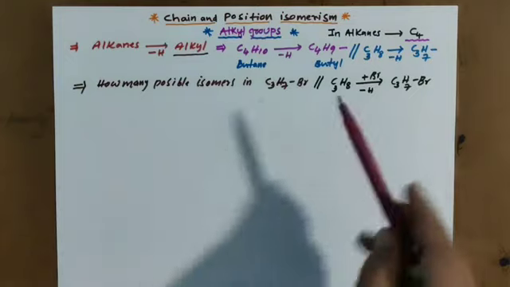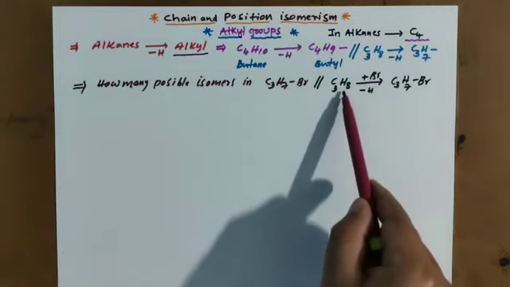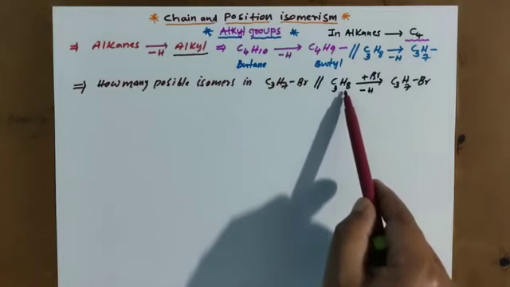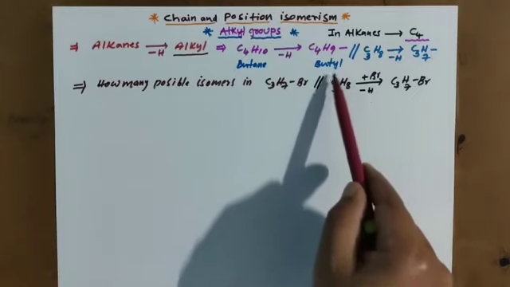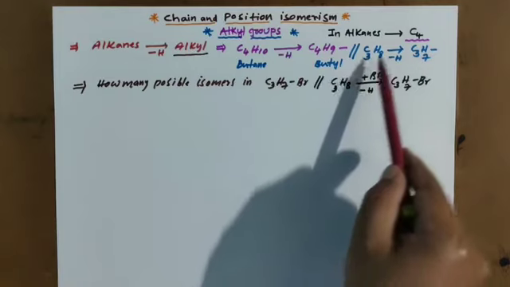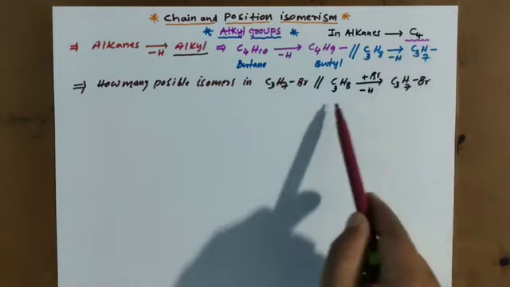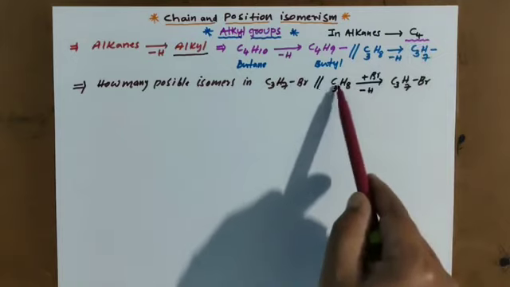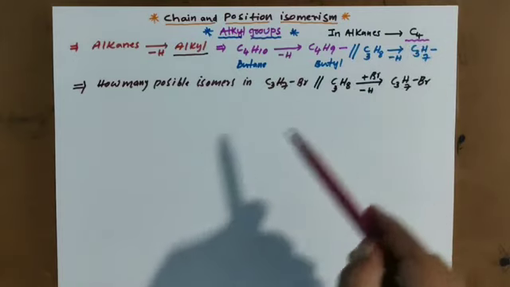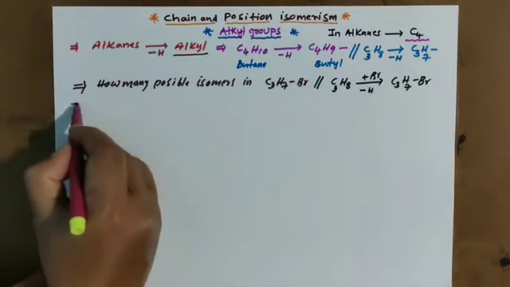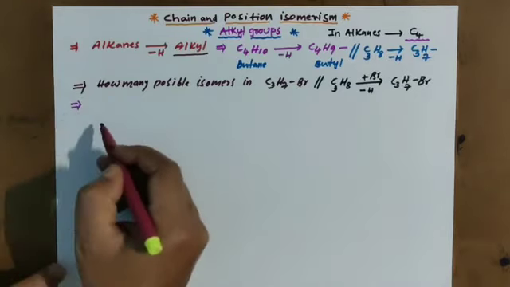Alkanes with minimum 4 carbon atoms only exhibit isomerism. But with 3 carbons, no isomers. See the trick. Propane doesn't have, but the propyl group has isomers.